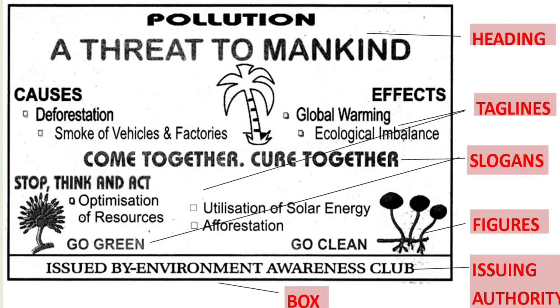And also below you can see optimization of resources, utilization of solar energy. So you are keeping all these subtitles, subheadings in the form of tabs or inside a circle or inside a highlighted star on both the sides or inside a box. These are the ways to write taglines.